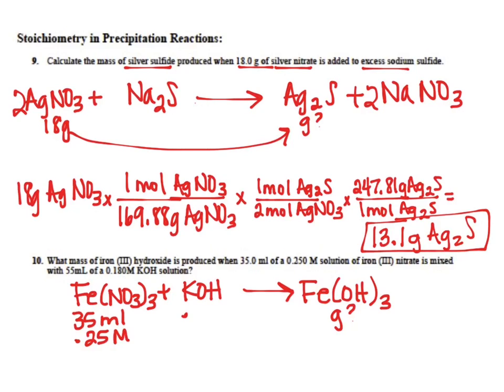And KOH is 55 mL, and it's a 0.10 molar solution. Before we can begin, we've got to figure out what our spectators are, and that would be KNO3. And then go and balance. We need to balance OH, so we need a 3 in front of KOH, which means we need a 3 in front of KNO3.